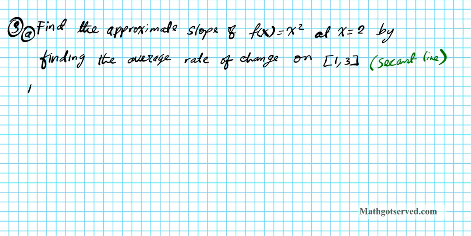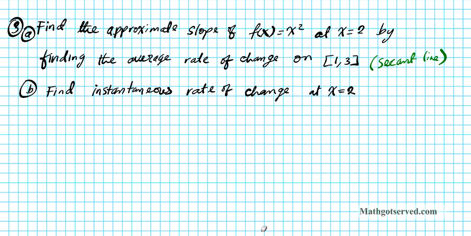And then in the B part you're going to find the slope at x equals 2, or the instantaneous rate of change. So find the instantaneous rate of change at x equals 2.